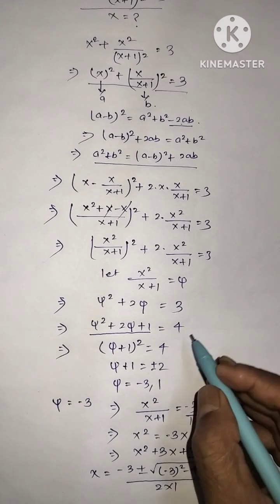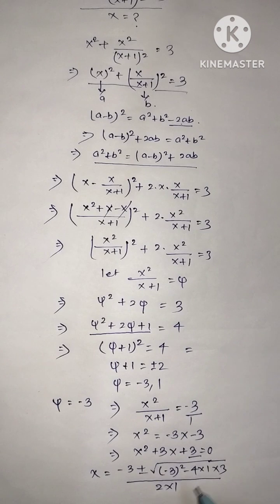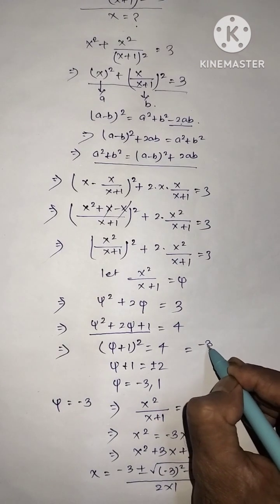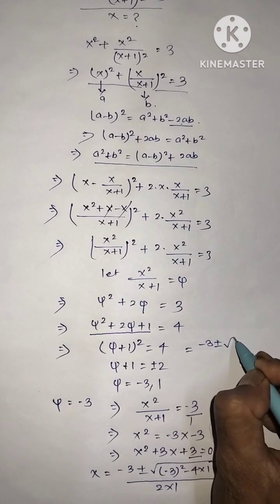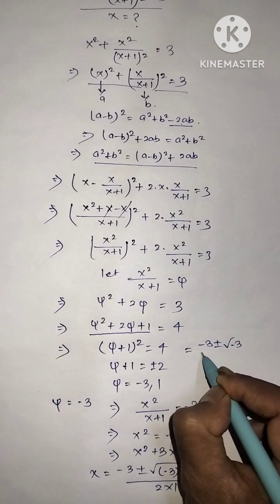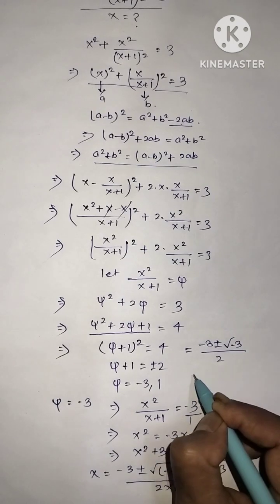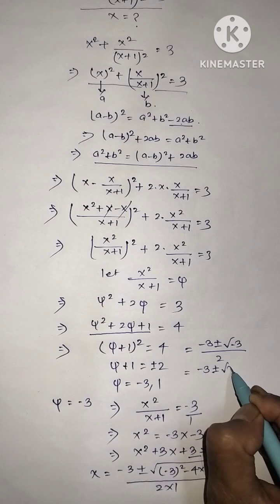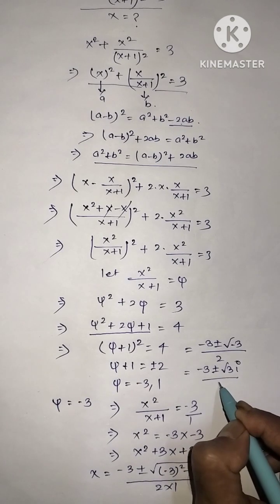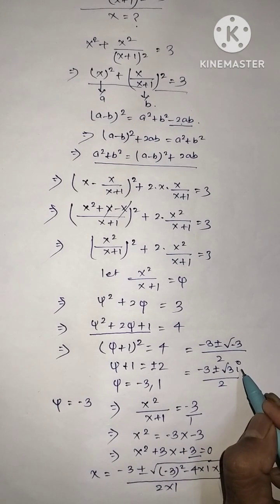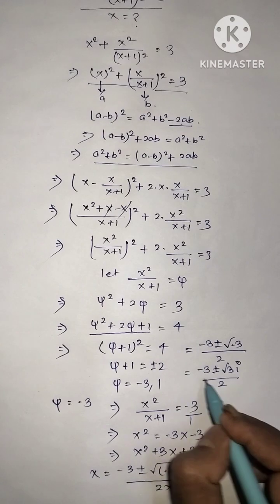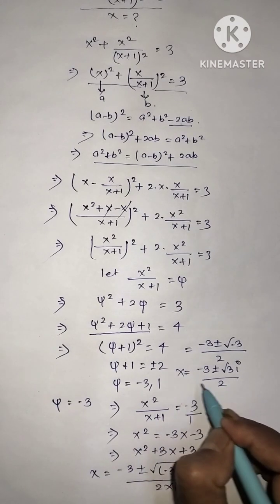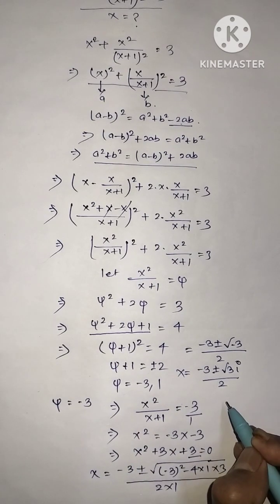This will be equal to minus 3 plus minus square root of minus 3 over 2, and we can write it as minus 3 plus minus root 3 times i over 2. This i is showing both the values of x are complex in nature.